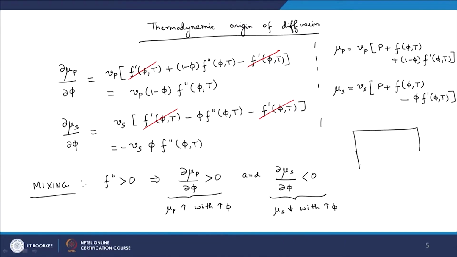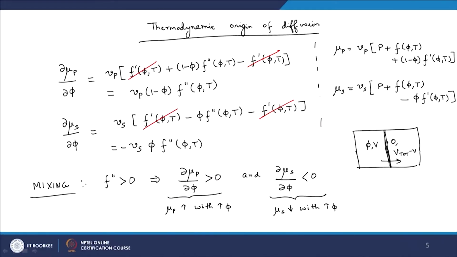That means, going back to the chamber analogy, so if you think of a membrane again, for the solute particles, if they move to the right, that results in a decrease in the volume fraction of solute.